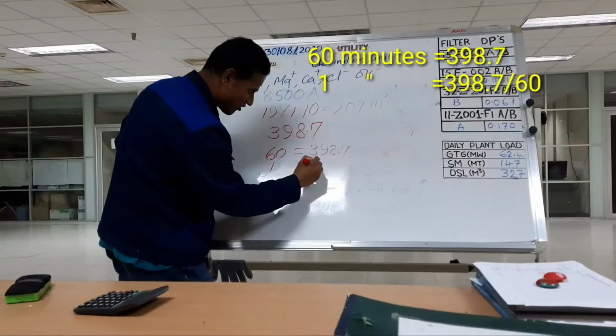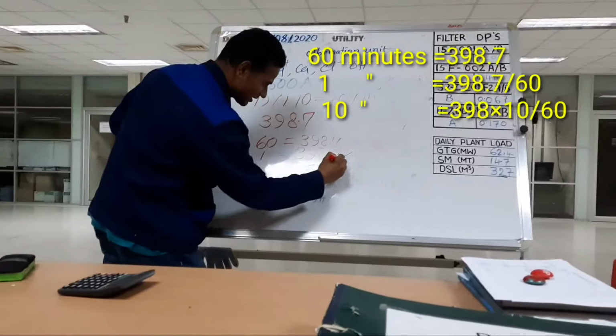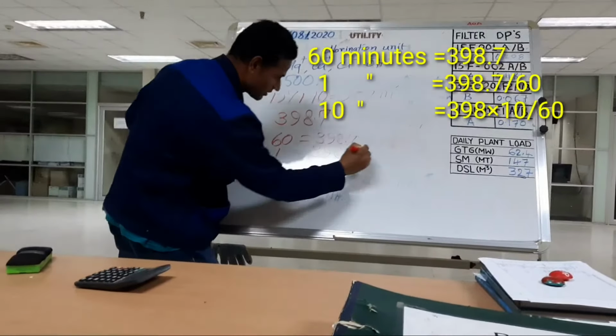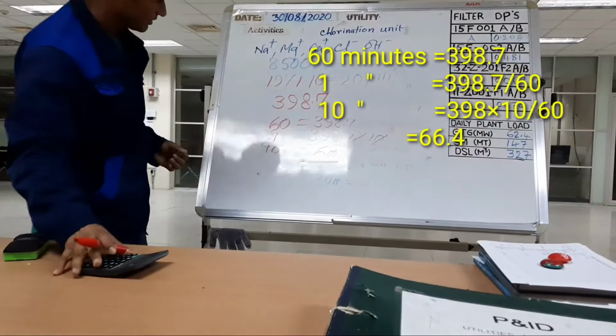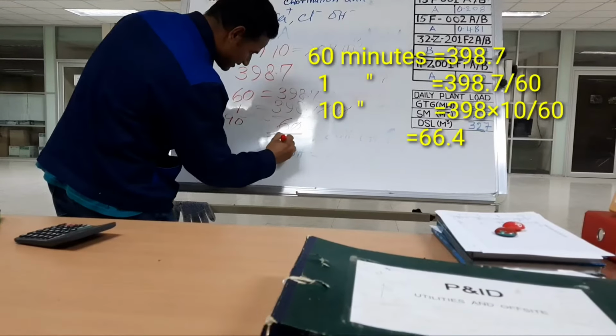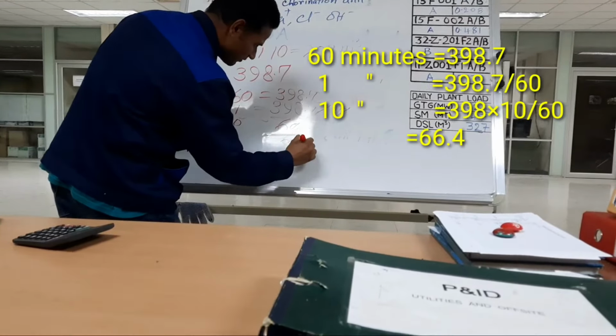We are calculating, okay? 398.7 divided by 60 into 10. So this zero cancels. So now how much coming? 66.45 like this. So every 8 hours 66.4 accumulates.